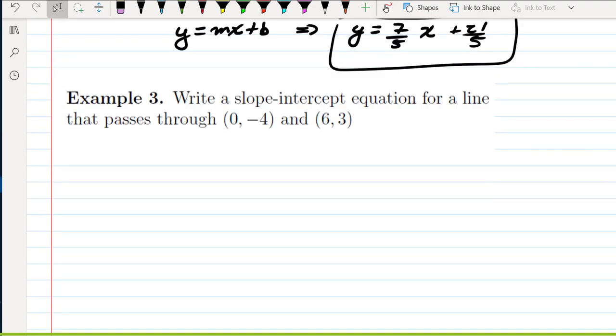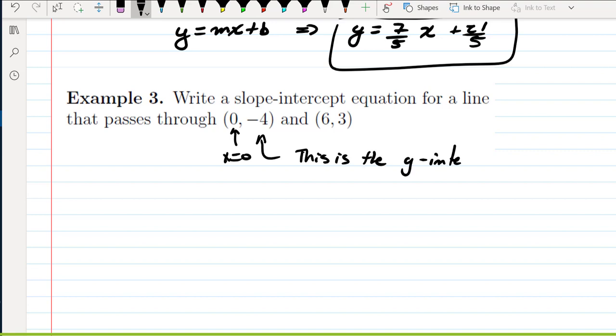All right, so to work this problem, once again, we need to know the slope and the y-intercept. And what we'll notice in this first point, we have our x value is 0. So then that means that this is the y-intercept. So if that's the case, then this is exactly our b value.